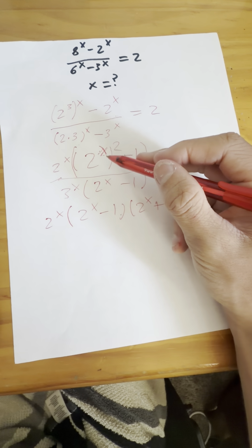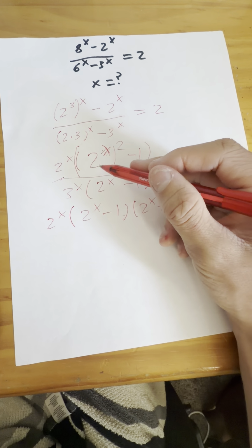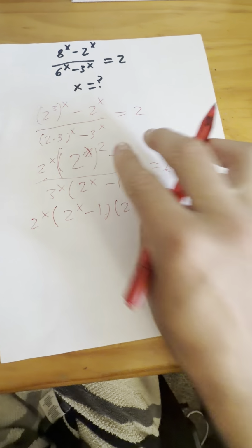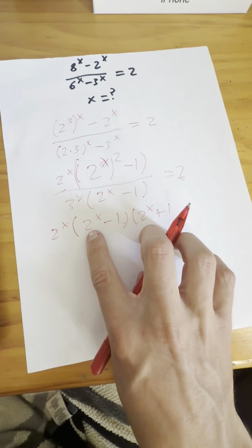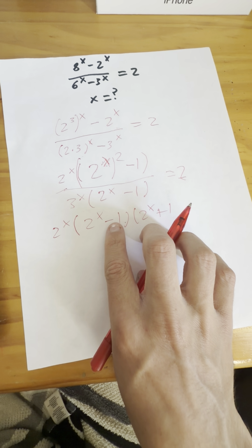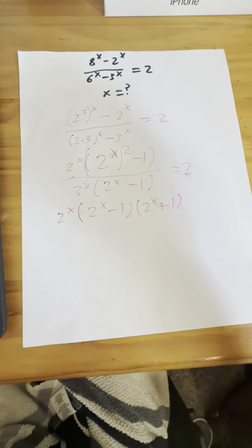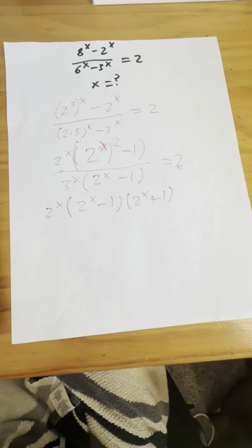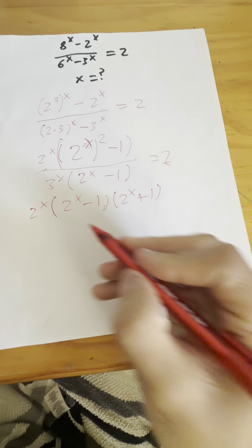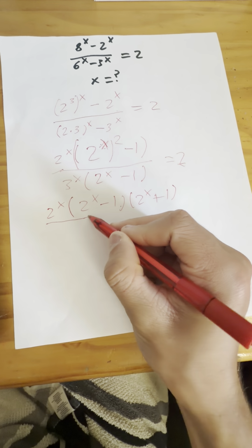It looks confusing, but it's like if there was an x squared here, and then you just do x minus 1 and then x plus 1. It's the difference of squares. And then we can just write the rest.